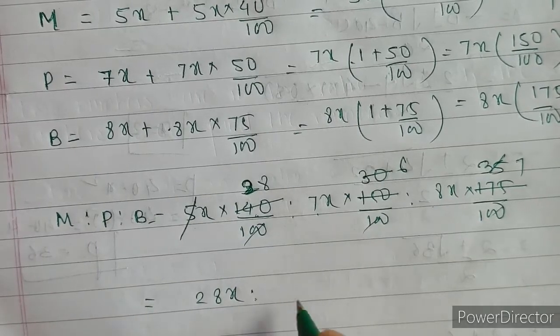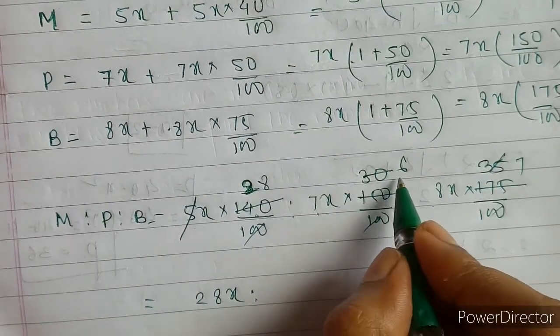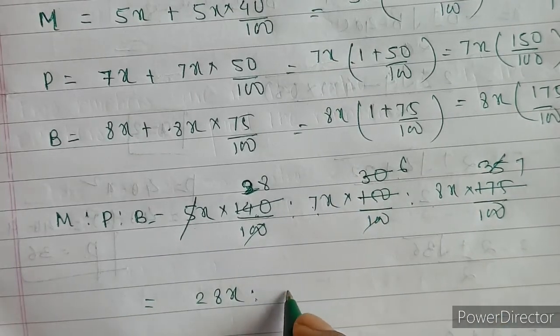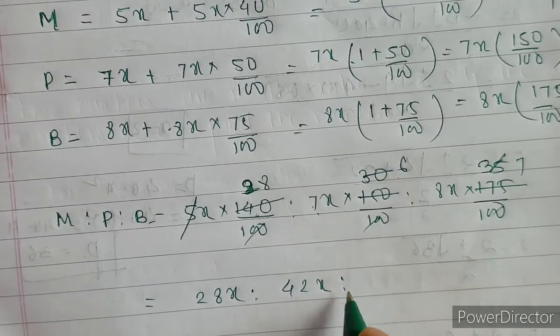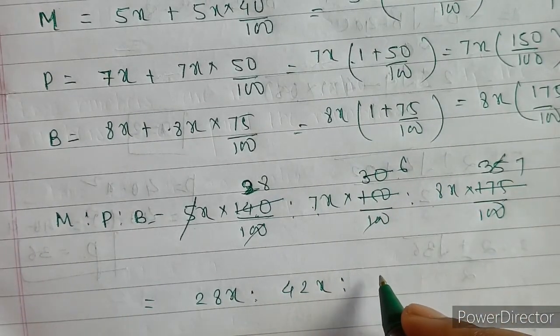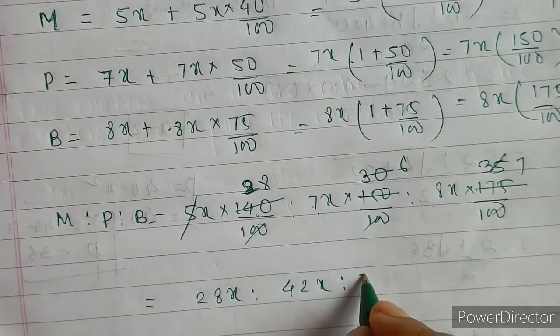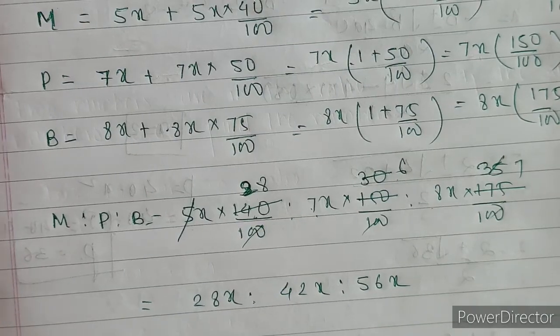28x is to, here we have 6 and 7, so 42x is to 56x, right?